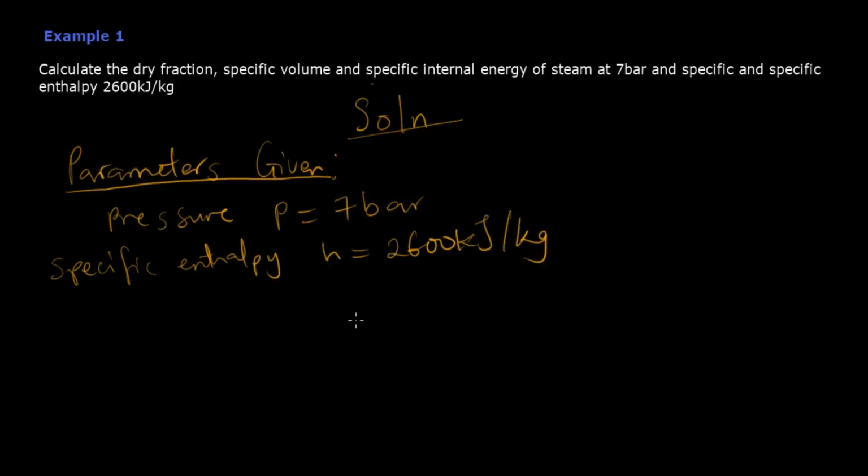We are told to calculate the dryness fraction, and recall that from the formula we just stated on the other page, specific enthalpy is given as hf plus x hfg. But what is the meaning of hf and hfg?